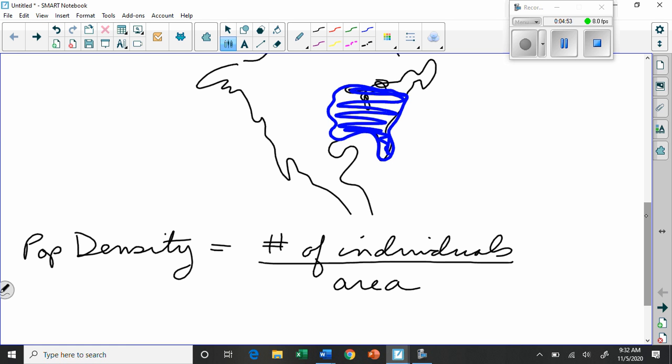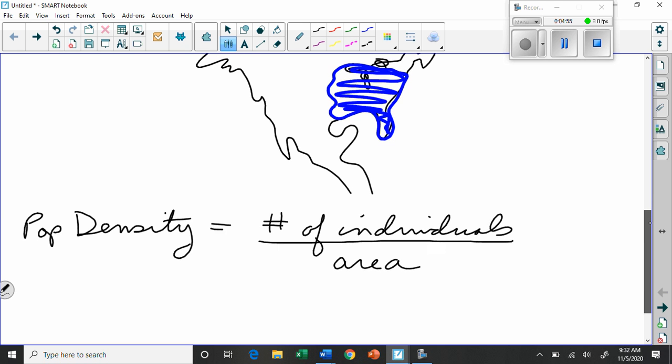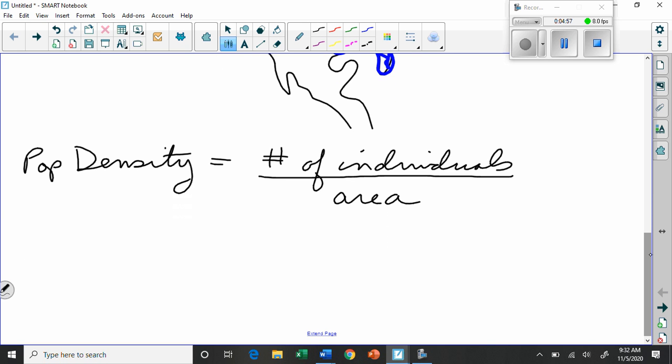But how they're distributed within there is important too. So we often talk about what's called the ecological density and the crude density. So the crude density is when you compare to the total area, the geographic range.